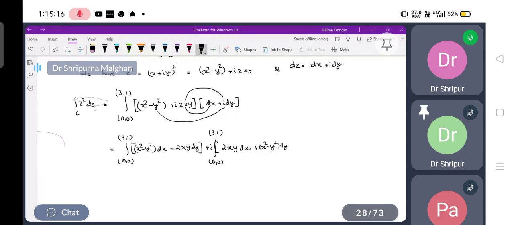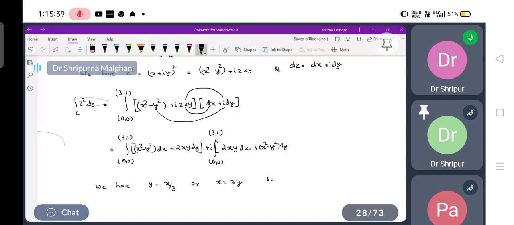Let us see whether we are going to get the same answer or not. We have y is equal to x by 3 or x is equal to 3y.